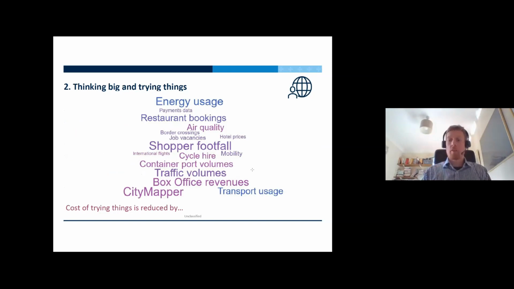The sensor data that Nick was talking about earlier about traffic on the roads, that can speak to trade. We've got things about job vacancies in there as well. And the point here is really, it's about variety. Some of these are quite narrow, some of them are much broader, but they're building up a picture and we use them together. There's plenty here, and that's not absolutely everything we've tried.